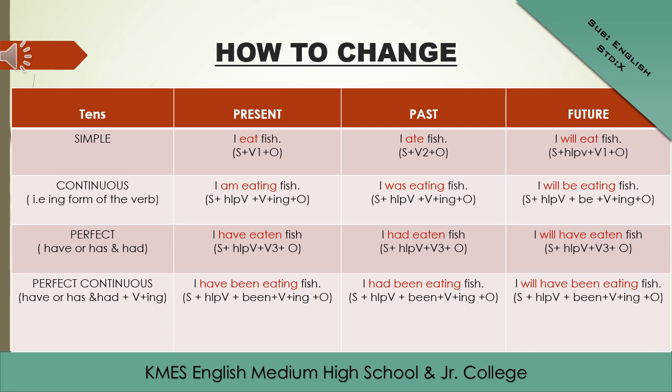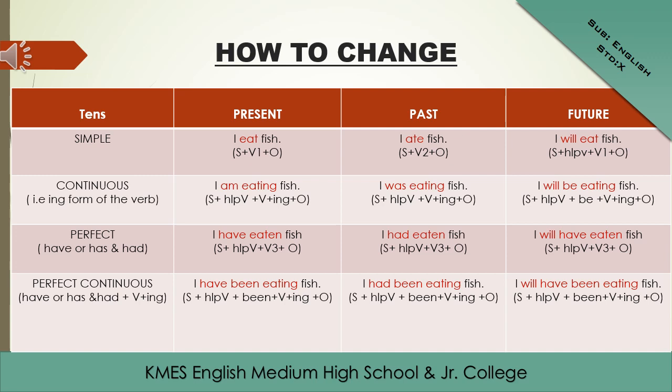In the same way, when we are changing it to future continuous, it will become I will be eating fish. Here again eating is the same, what we have added is be. So I will be eating fish. So always remember, when you have continuous tense, we have to use the ing form of the verb.